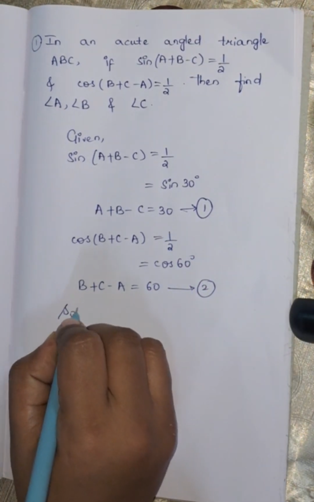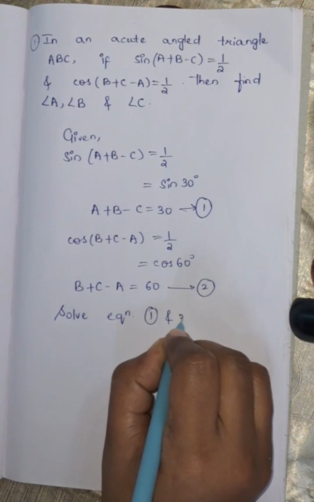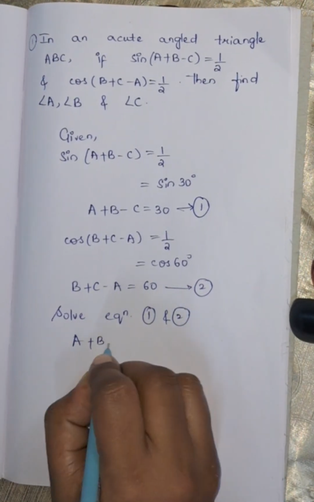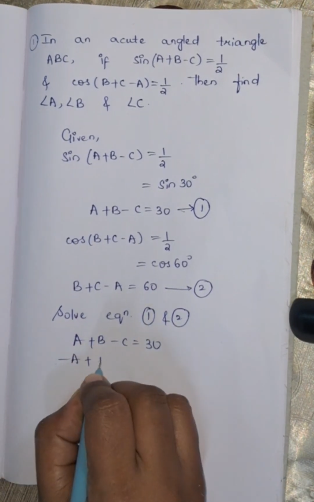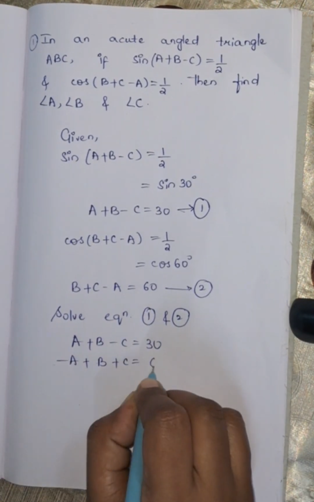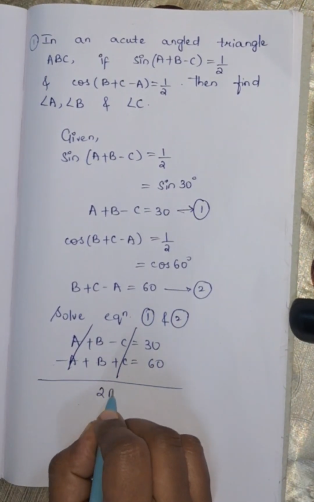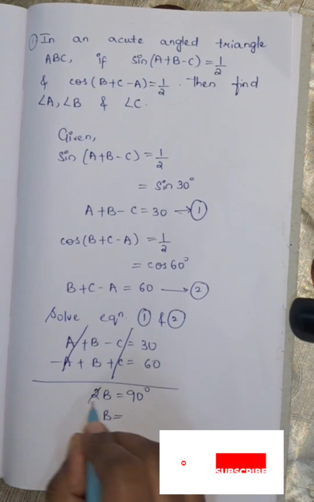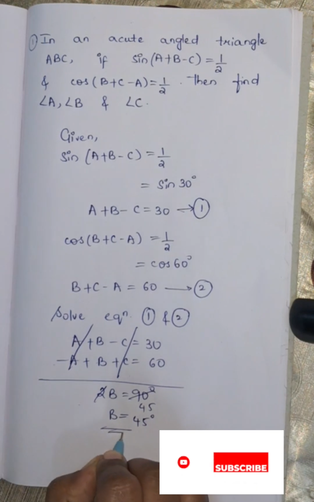Now let us solve equations 1 and 2. A + B - C = 30, and -A + B + C = 60. A and C cancel. 2B = 90 degrees, and B is equal to 45.